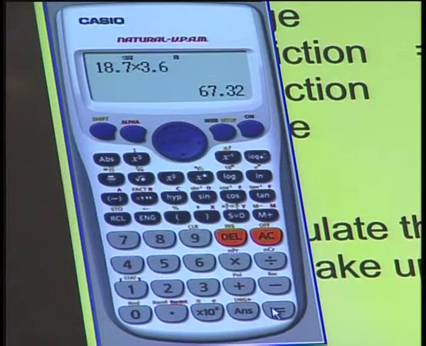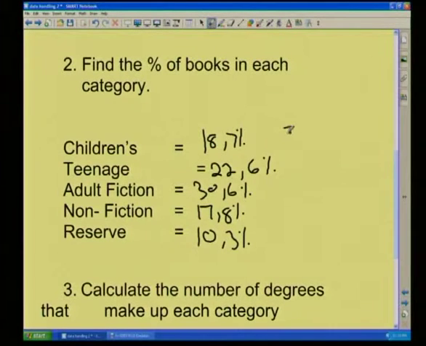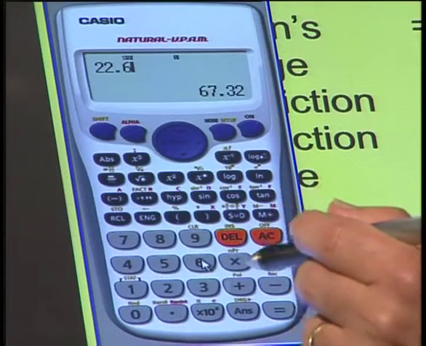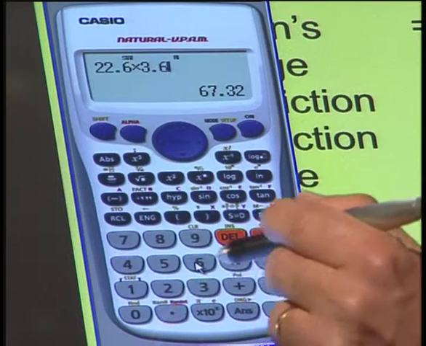So let's fill in 67 degrees for the 18.7%. We can do the same for all the others. 22.6 and multiply by the 3.6.